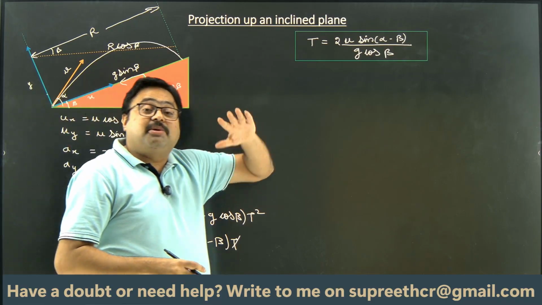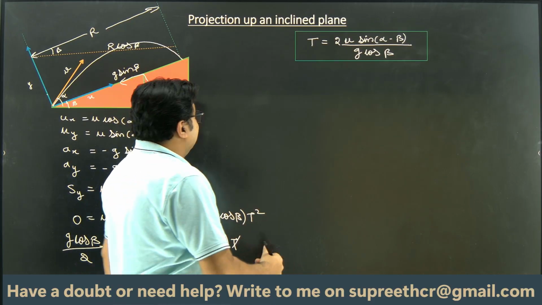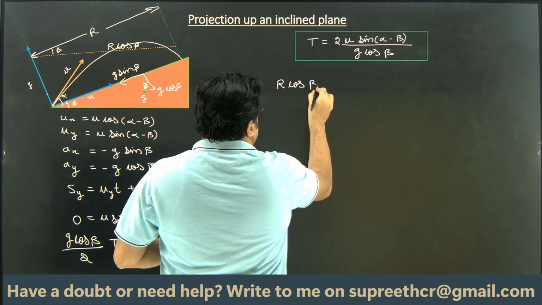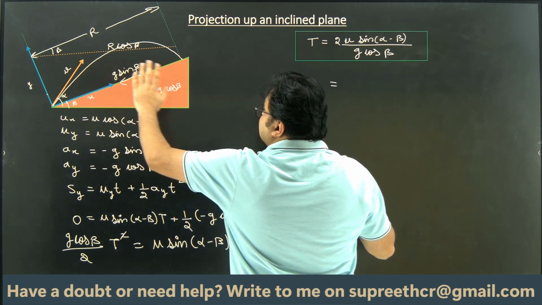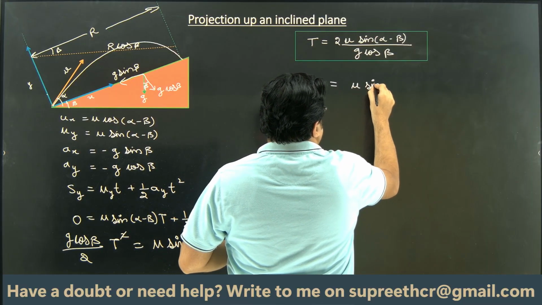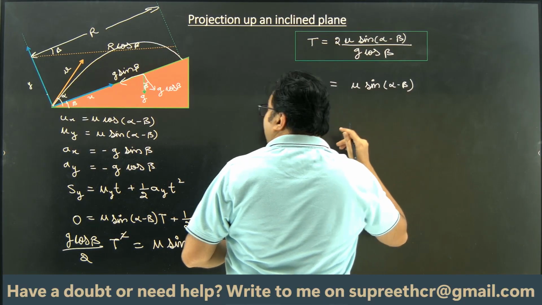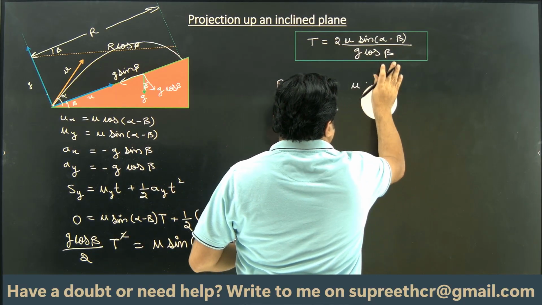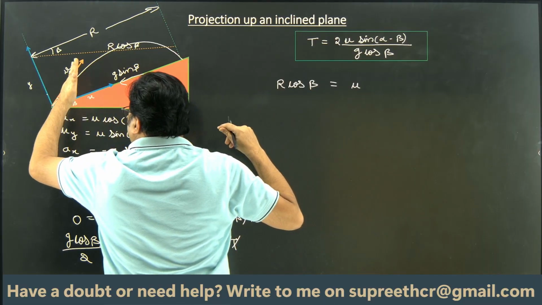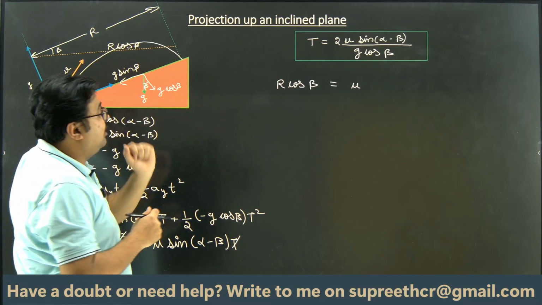The reason why I talk about horizontal is because it's easier to achieve an expression for range. Let's do that. We have r cos beta is equal to the horizontal component of velocity. It's not sine, I'm really sorry, along the horizontal we are talking about u cos alpha, which would be the initial velocity along the horizontal.